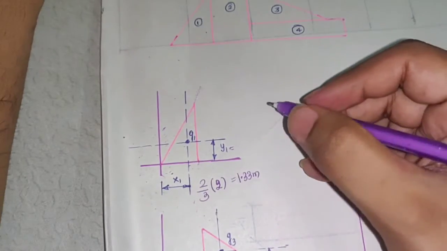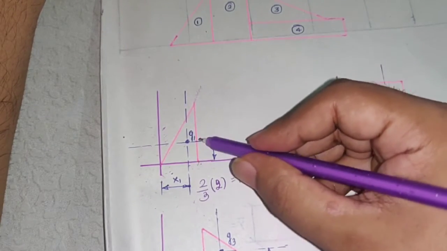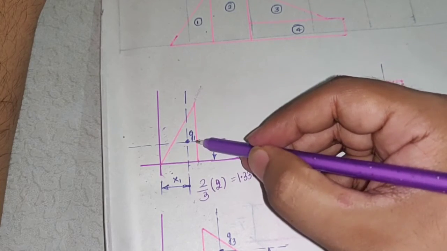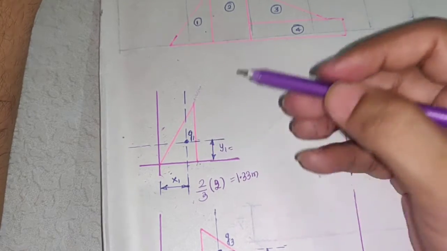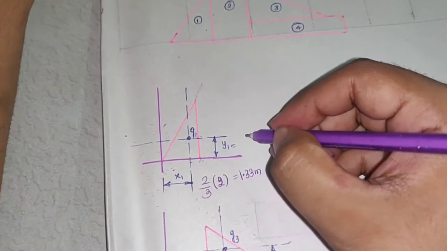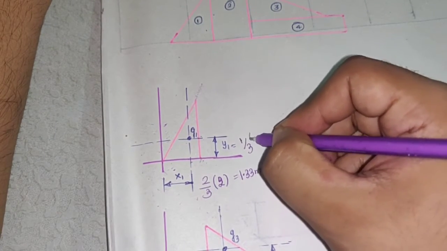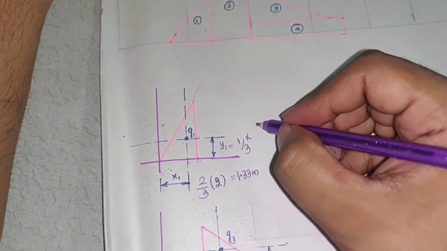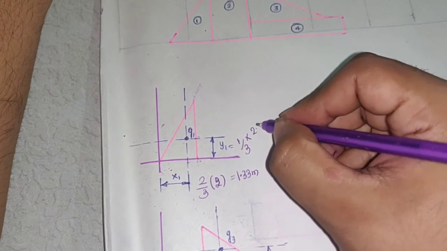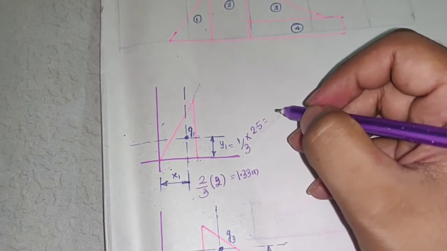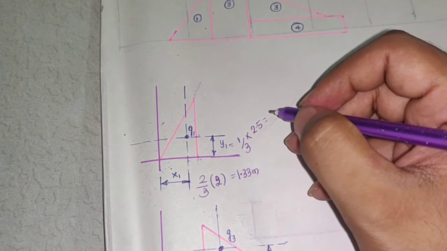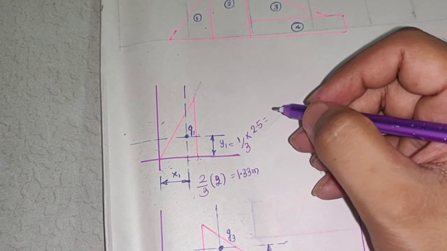Similarly, what will be y1 distance? y1 distance from base is d by 3 and from top it is 2d by 3. So from base it is d by 3 and what is the height? It is 2.5. So this will be what again? 1/3 of 2.5.